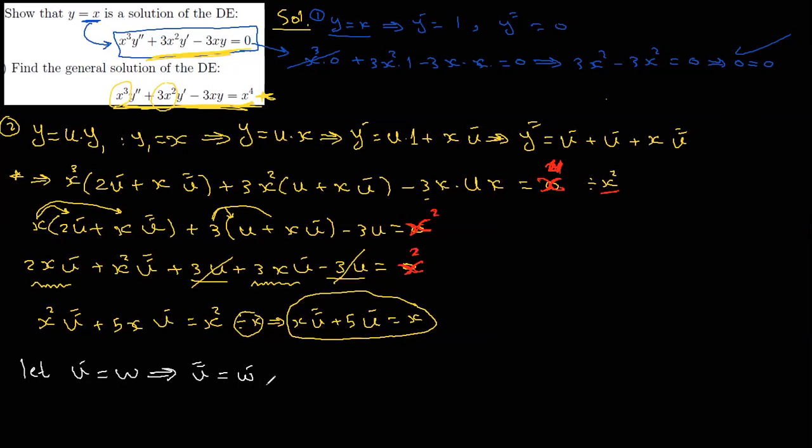Don't forget, when you need to use the reduction of order to solve the homogeneous and non-homogeneous equation, you must use 2 substitutions. This is the first one, which will convert your y into u here.